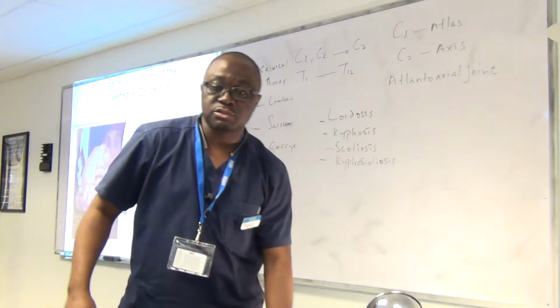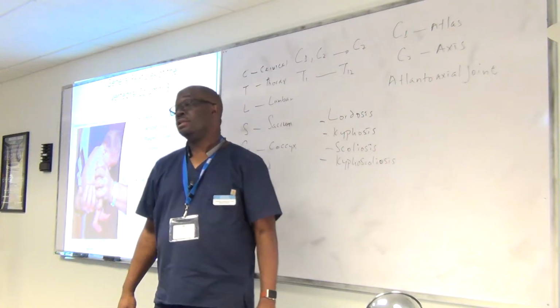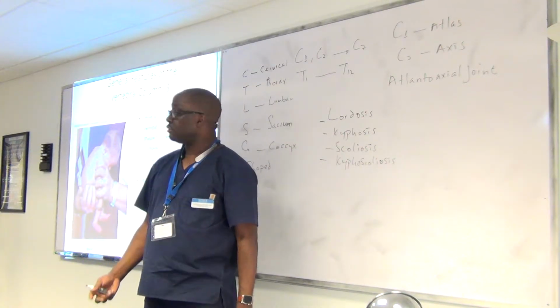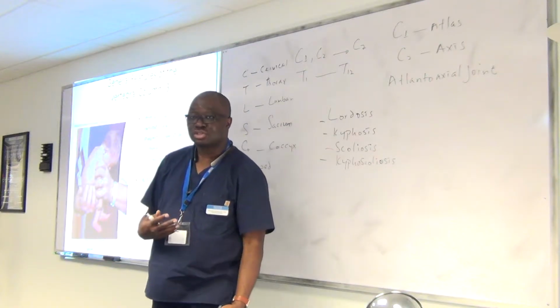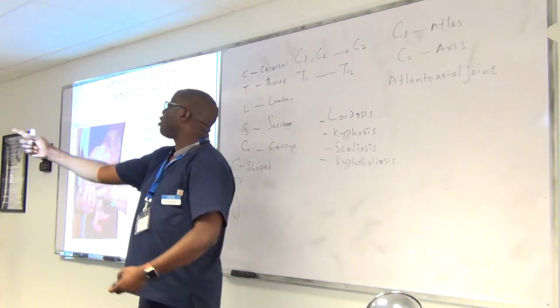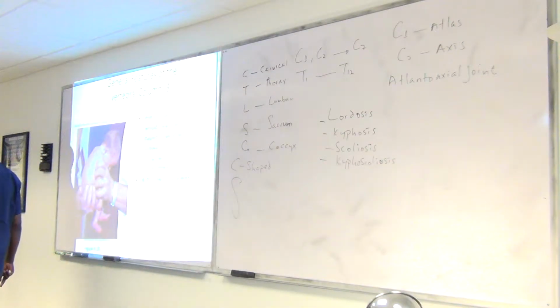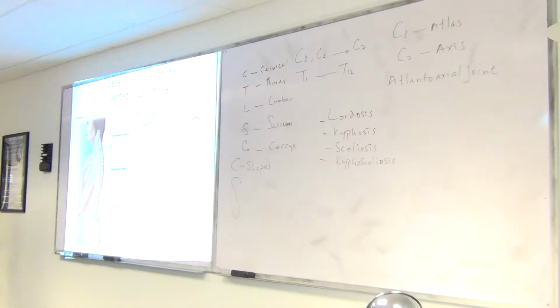What else? They may have nerve damage, nerve compression. What other compression can they have? Disc compression. Organs, particularly the thoracic organs. Exactly. All right, so we're moving on.